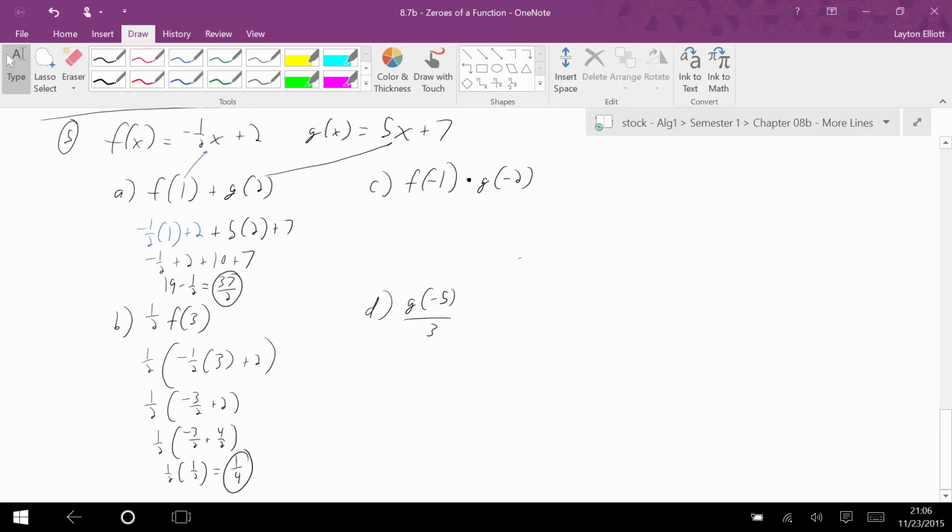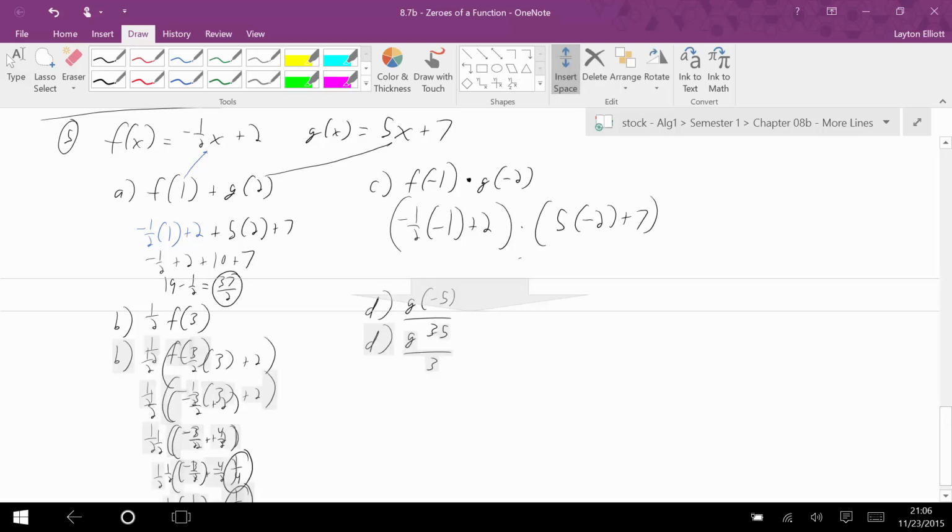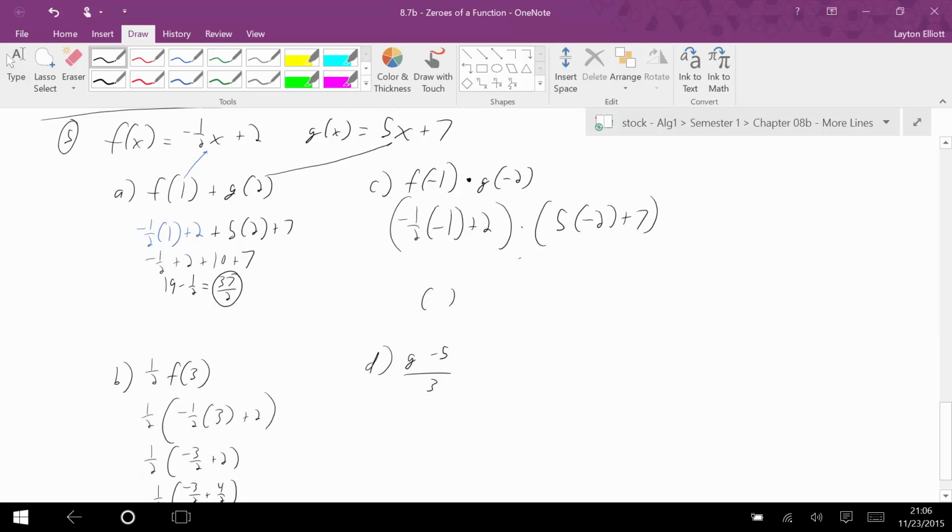Let's see, for the next one, we've got f of negative 1, so that's negative 1/2 times negative 1 plus 2, times g of negative 2. That's 5 times negative 2 plus 7. So, let's get those down there a little bit. Negative 1/2 times negative 1, that's 1/2 plus 2.